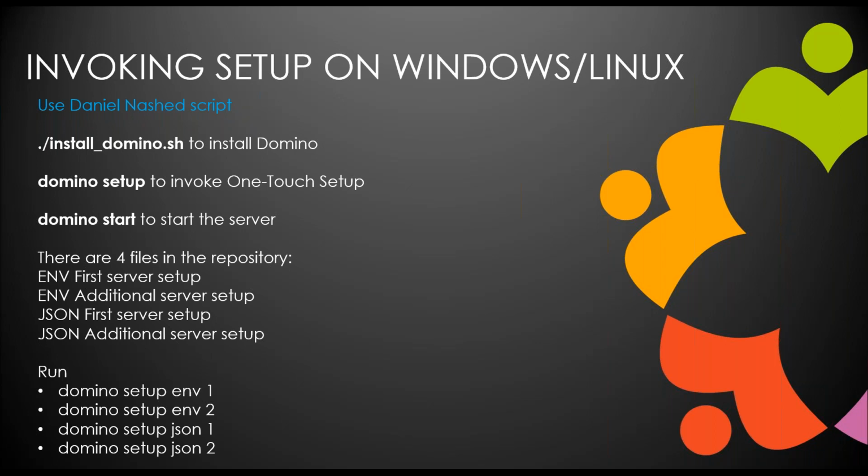If you run install_domino.sh, you install Domino. Then you type domino setup to invoke the one-touch setup. And then simply you type domino start and start the server. In the repository on GitHub, there are 4 files: environment first server, environment additional server, JSON first server, JSON additional server.